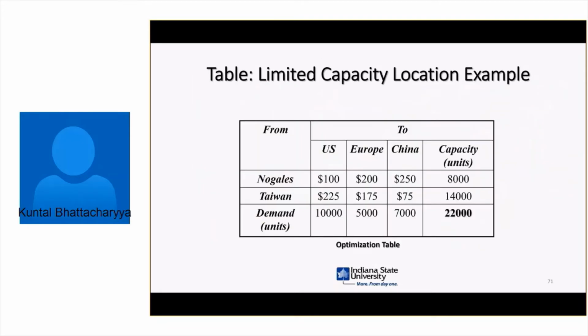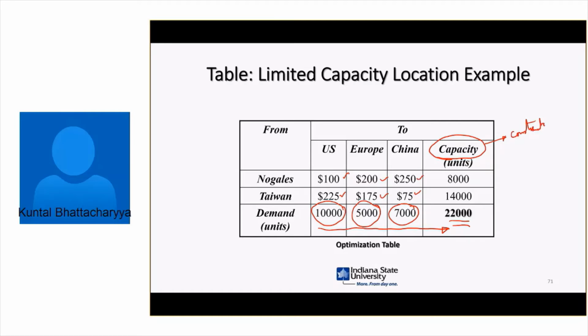Put that in context. Let's suppose that these were already known to you, right? So 100 per unit, 225 per unit, and all of those per unit values, the demand values, all of those figures were known to you. What we have added to the mix is two things. As you can see, this demand adds up to 22,000, but we have also included capacity as constraints in the process.